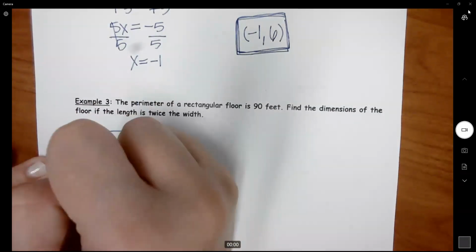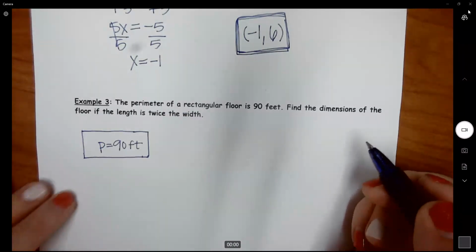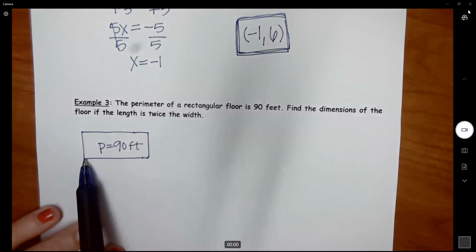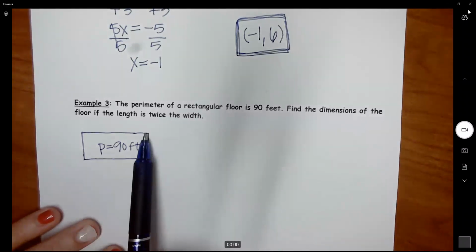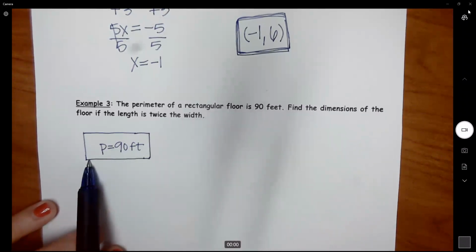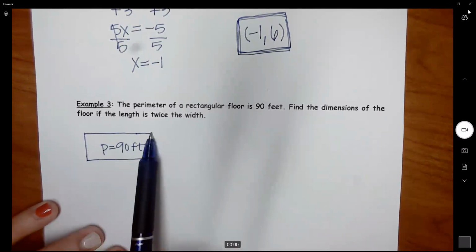I know my perimeter is 90 feet. And what is perimeter? Perimeter is the length along the outside. If you think of your lawn or your backyard, we're talking about the fence. How much fencing do you need?